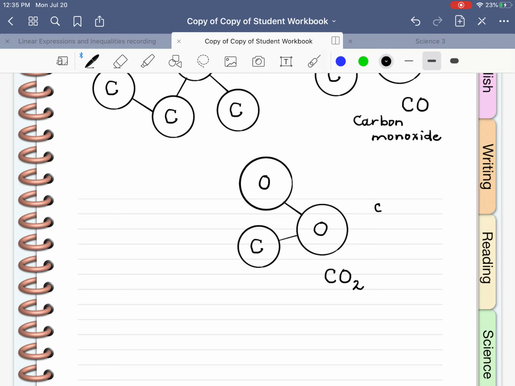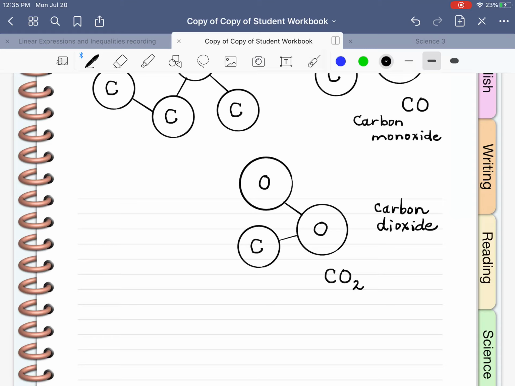So this is called carbon dioxide. And this is the one that we're going to talk a lot about in this lesson. Carbon di means two. Carbon dioxide is the gas that we exhale. When you breathe out, you are giving off carbon dioxide.